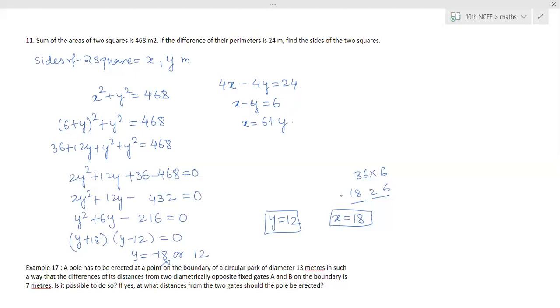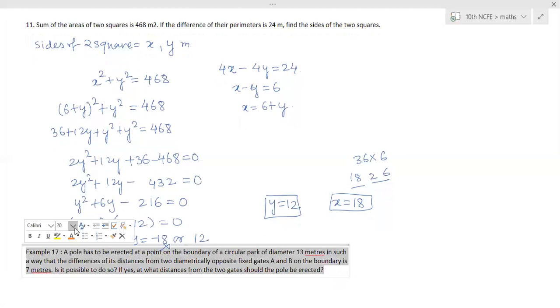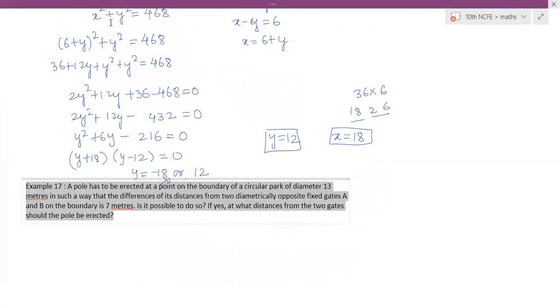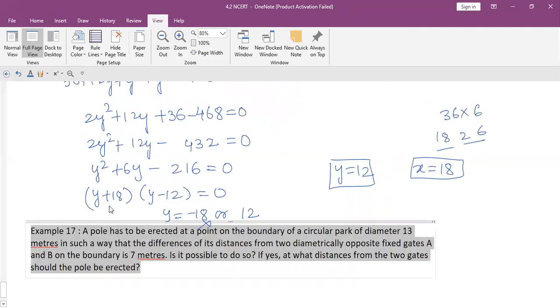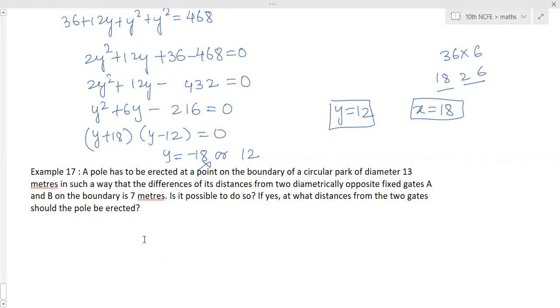The next question is an example, but it is very, very important. It is the most frequently asked question. Everyone finished? Another question? Yes, ma'am. The next question.